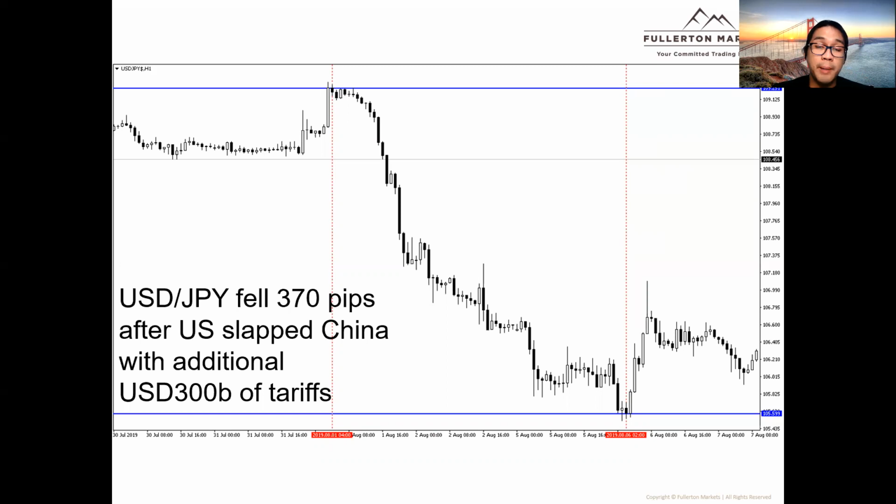Well, people might want to opt out of the US dollar in exchange for the Japanese yen, which would be seen as safer. It is a safe haven currency, and people might want to ride out the turbulent waves and stick to the Japanese yen. That's why there was a drop of 370 pips, because people thought that the Japanese yen would be a much better bet. Here's just an example of a geopolitical event that did affect forex prices.